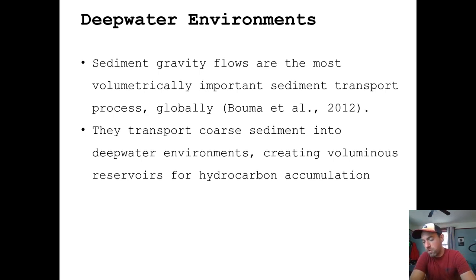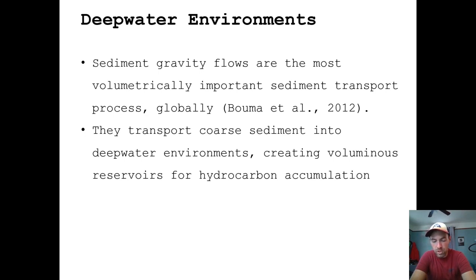And that becomes important if you're interested in things like sand resources, which is one reason why you might be interested in that. Another reason to be interested in something like that is that these coarse clastic bodies of sediment can create large reservoirs of hydrocarbon accumulation.